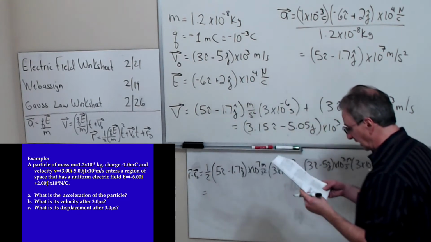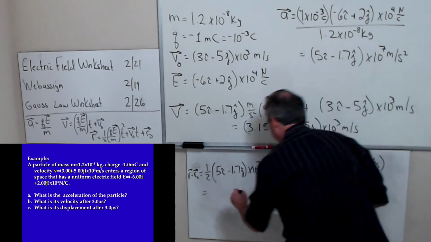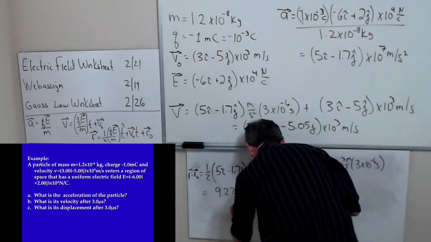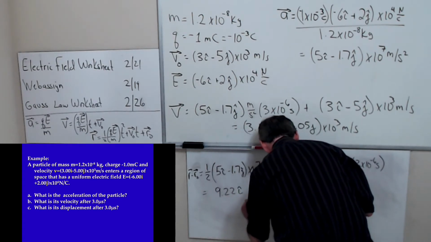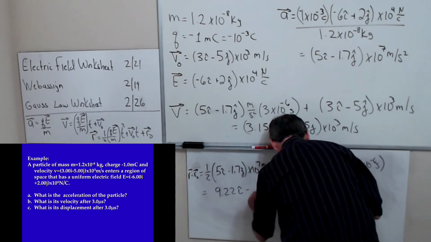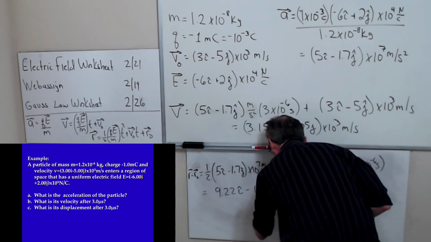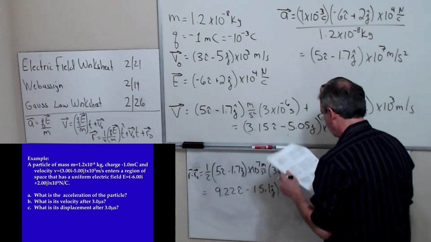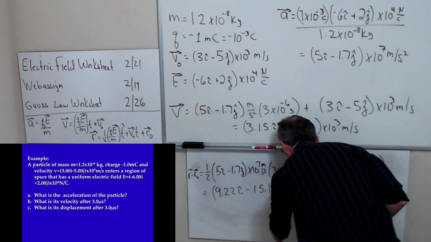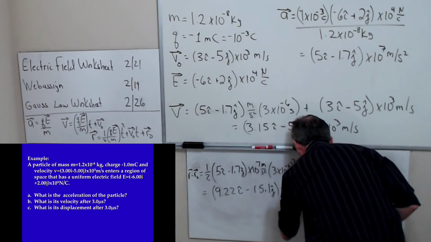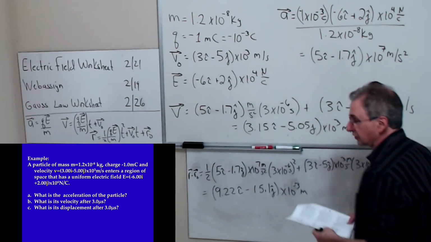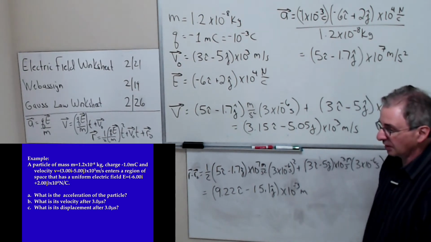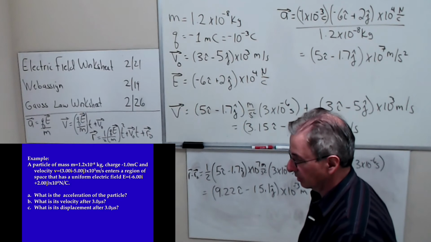When I do this on my calculator, I get 9.22 i minus 15.1 j times 10 to the minus 3 meters. Now for a small particle, I mean for us this looks like a small distance, but for a small particle it's a pretty big distance.